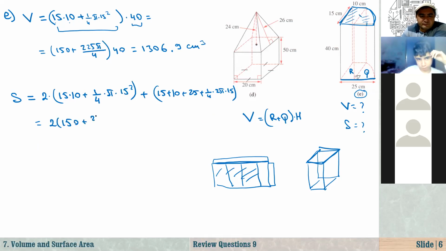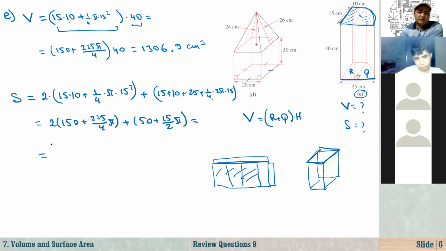150. The first part, the second part is 40 times 50. So here we have 50 plus 2 pi times 15 over 4, that is 7.5 pi. And if you just evaluate this, what do we get?